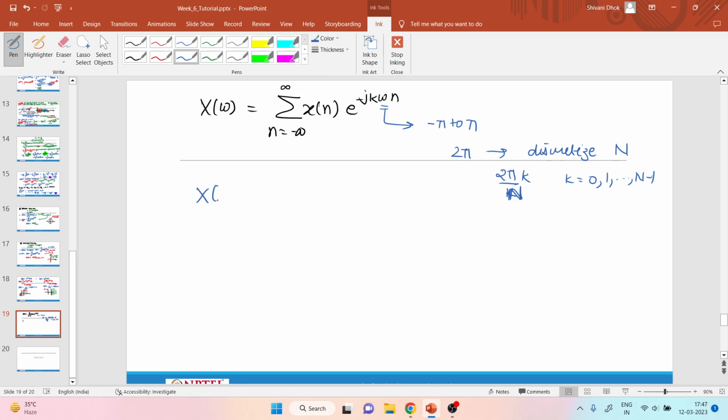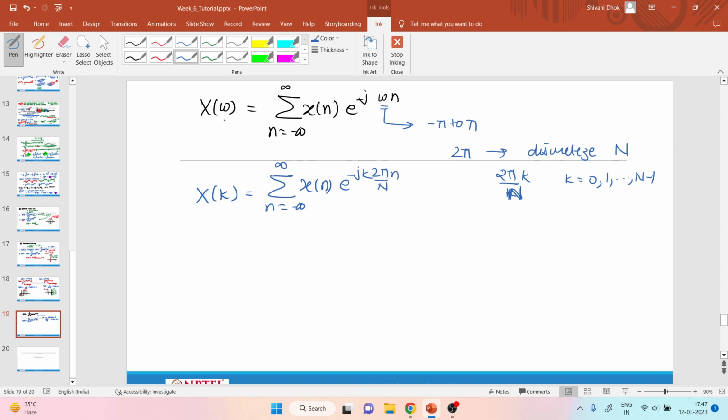So this is indexed by X of k equal to the summation over n running from minus infinity to infinity of x of n, and this omega is now discretized, so it becomes e power minus j k 2 pi by N into n. So this is my DFT.